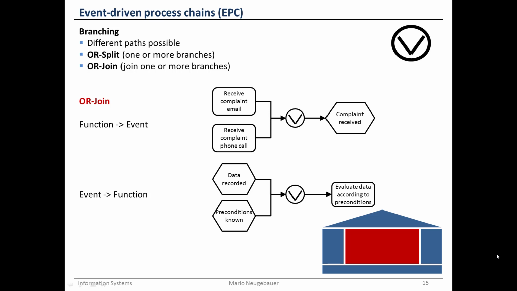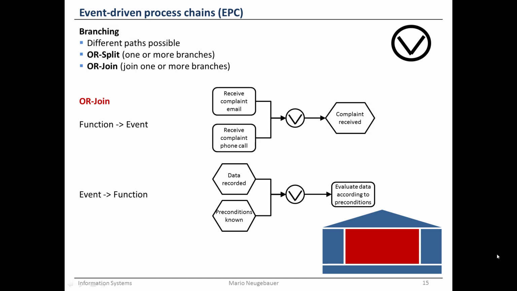So similar to the AND join, you have the OR join here. And again, you have both possibilities. You can run into an OR join with functions, or you can run into an OR join with events. So the first case describes that you have either a complaint received by email, or you receive a complaint by phone call, and either the one or the other leads you to the event complaint received.